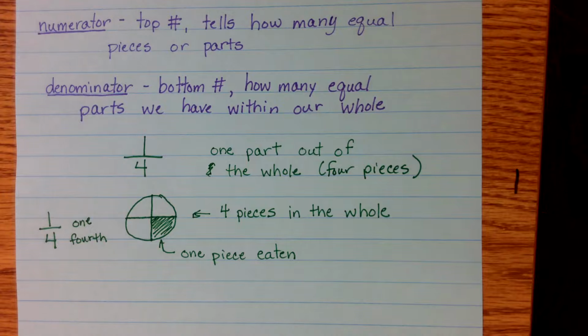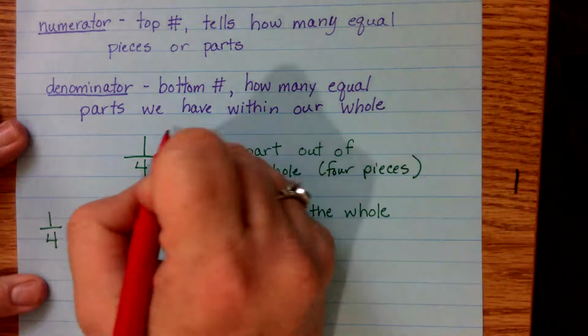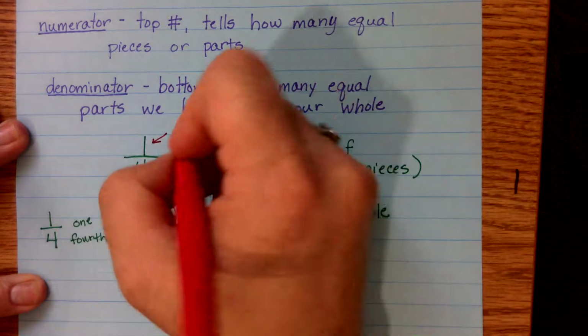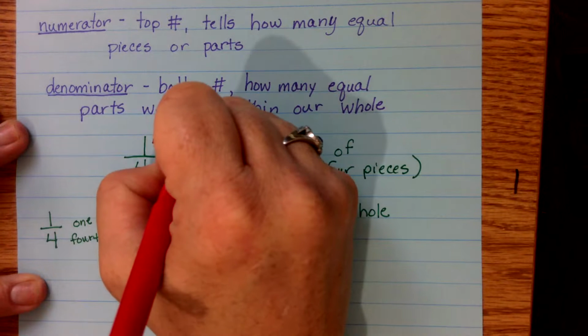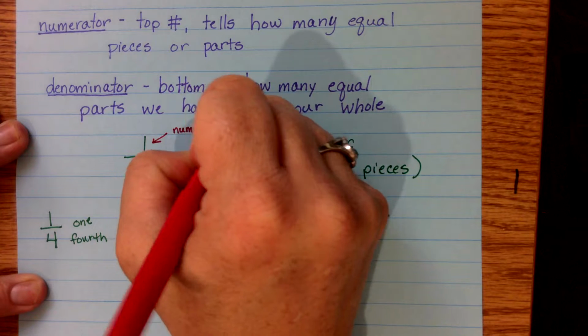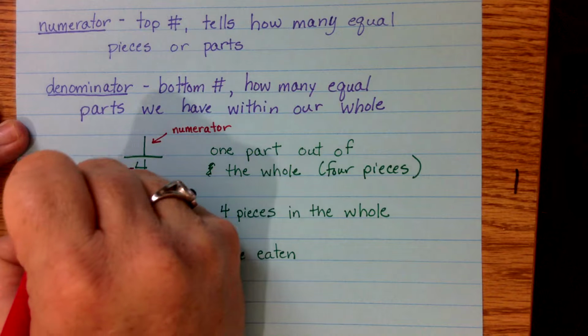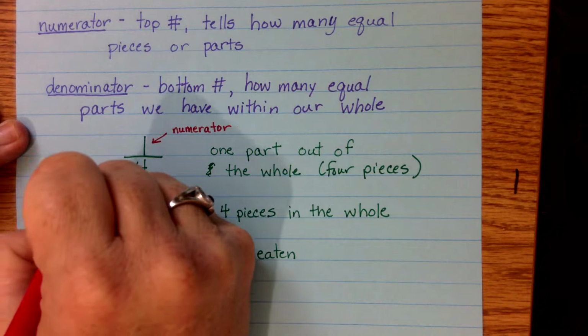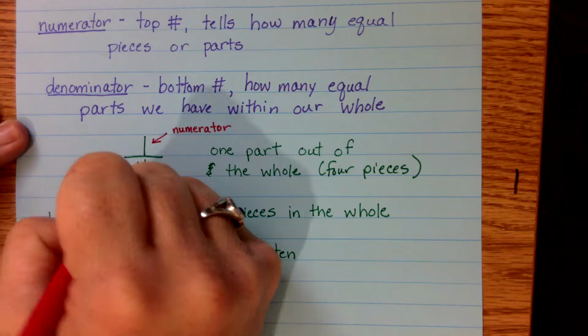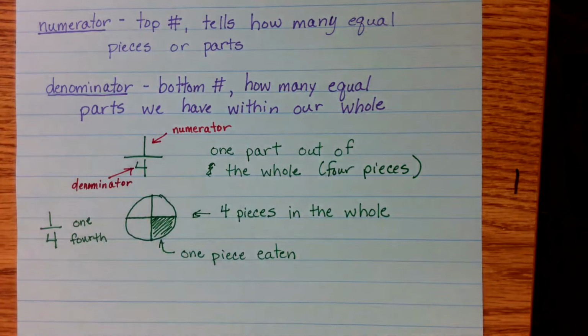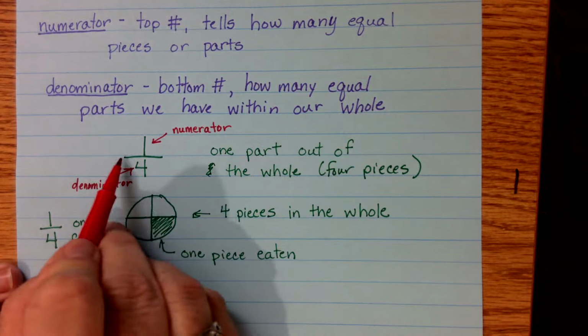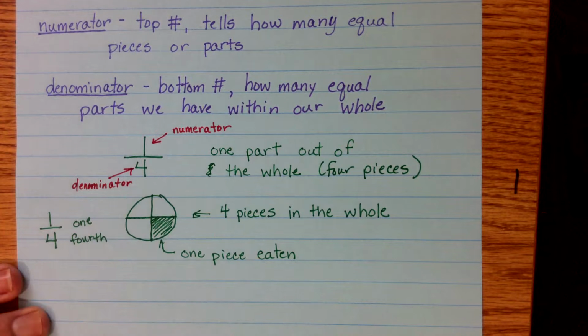All right, so just a reminder, the numerator is the number on top. Numerator. And we have a denominator. This line can also represent division, and so it's important to know that this line has a couple different meanings.